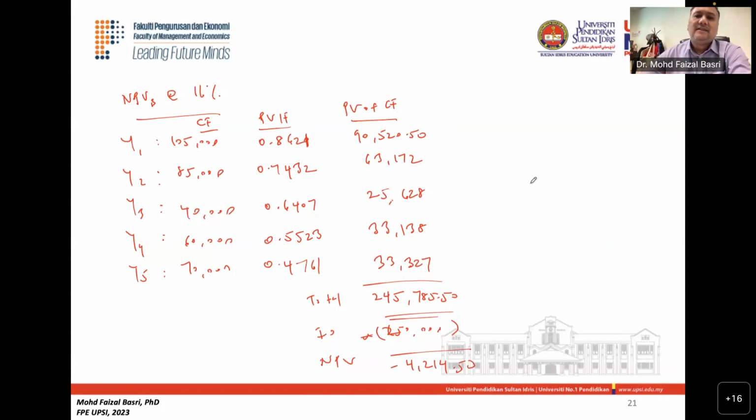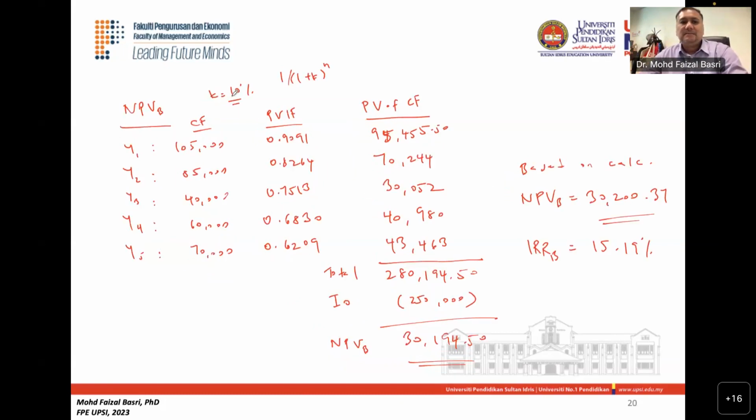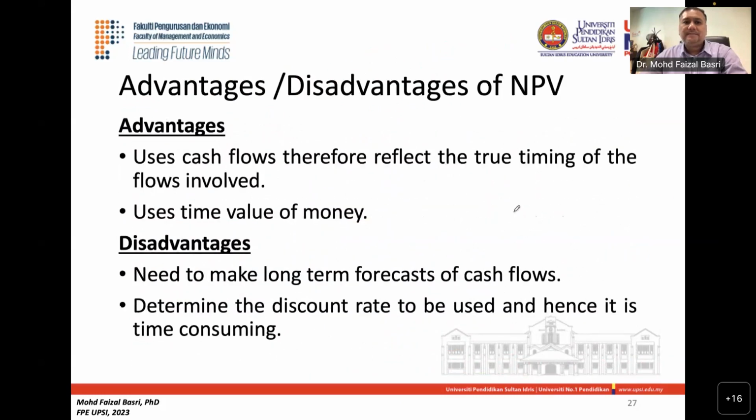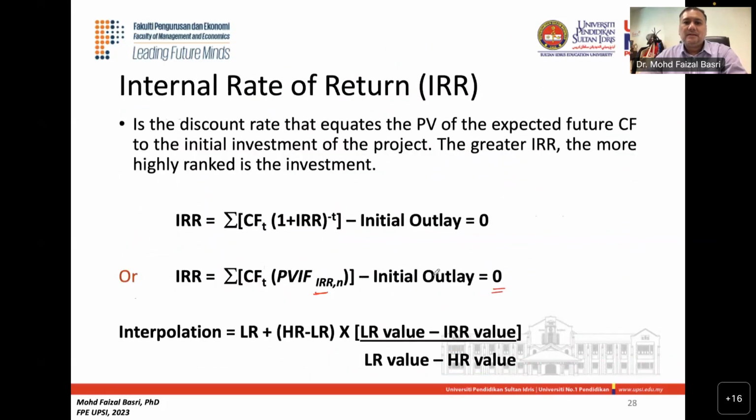Okay, now to calculate the internal rate of return. Now we have two sets. This is based at 10%. Kita dah calculate tadi. We have positive NPV. Now we have negative NPV. Okay, bear with me. This is where we want the NPV to be 0 so that the value is the same.